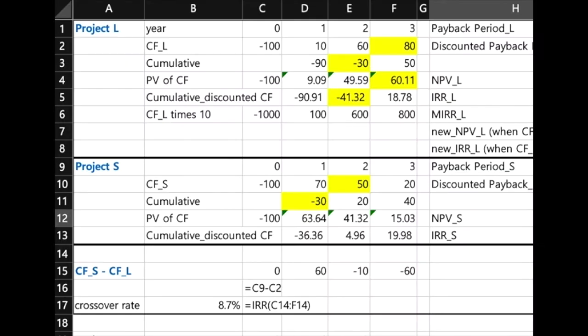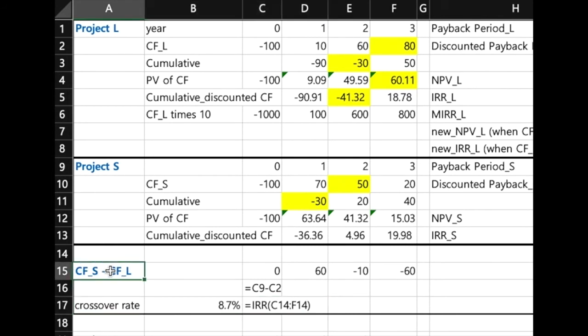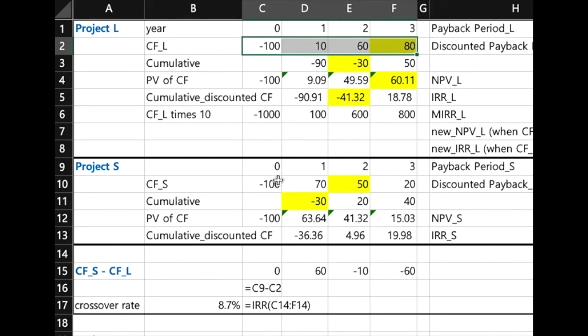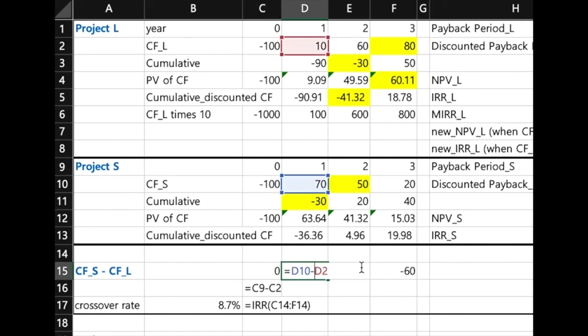I already uploaded this Excel exercise file. You can download this Excel file. And here is the crossover rate. If you want to calculate the crossover rate, just subtract these two cash flows, the project L's cash flow and project S's cash flow, and you get some numbers, right?